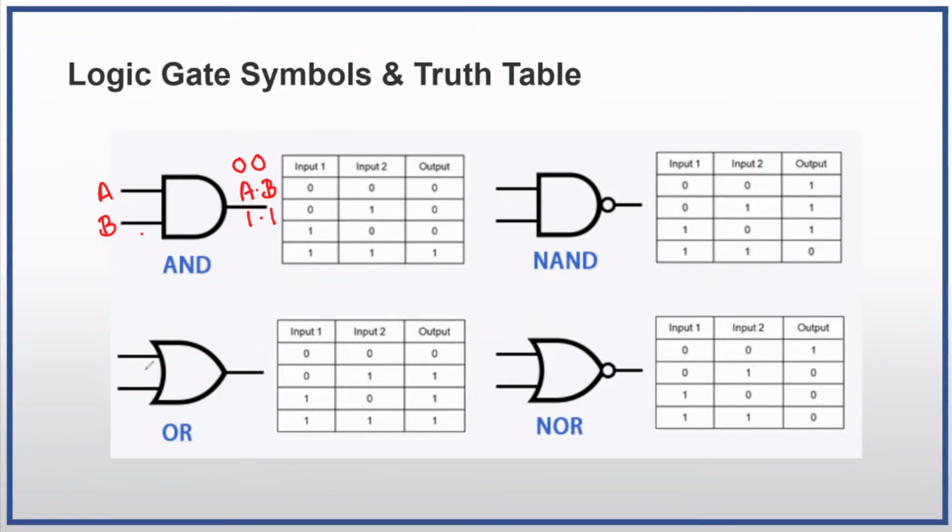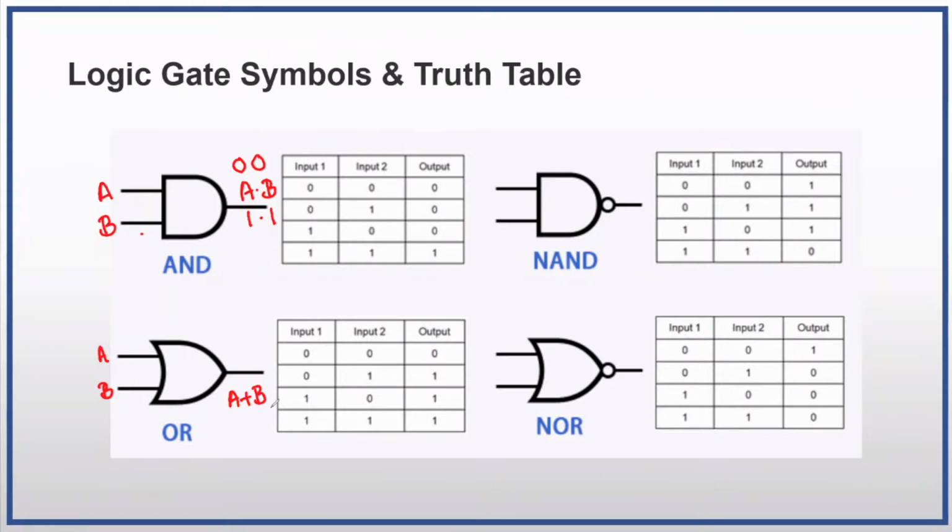And the OR gate means, the second one, there you get A plus B. That means if all the inputs are false, that means 0, then you will get output as 0. Otherwise, the values are 1.